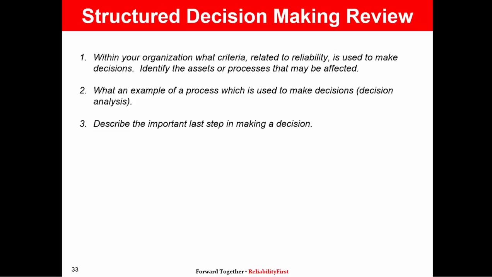Okay, we're back. For question 1, within your organization, what criteria related to reliability is used to make decisions? Identify the assets or processes that may be affected. For some of those examples, at least from the SIP environment, things you might want to make a structured decision around would be adding new network equipment, or implementing a new EMS or SCADA environment.